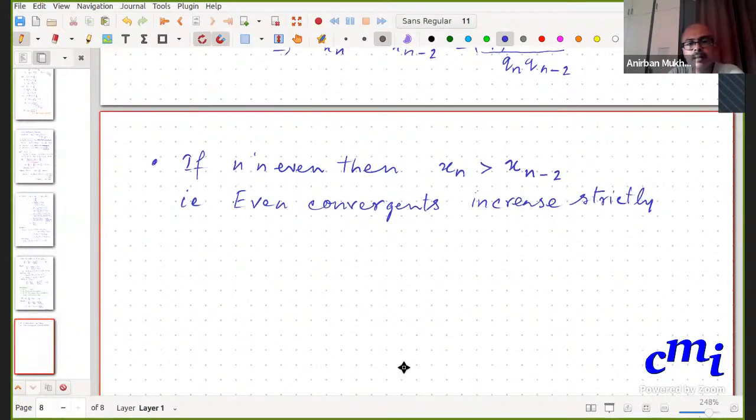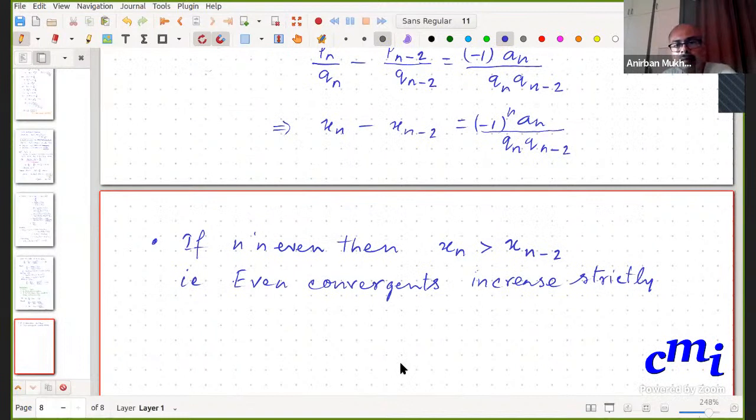And similarly, if n is odd, then the right hand side is going to be negative.